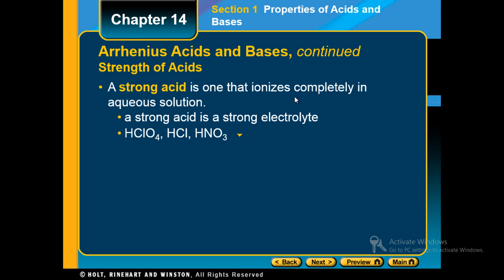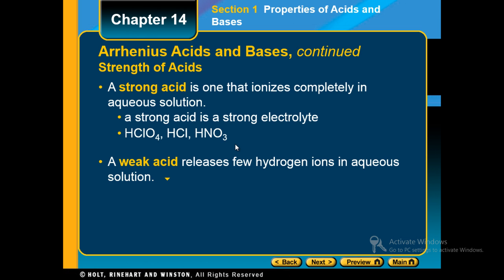We have three examples, and you may know more than these: perchloric acid, HCl, and HNO3, which is nitric acid.